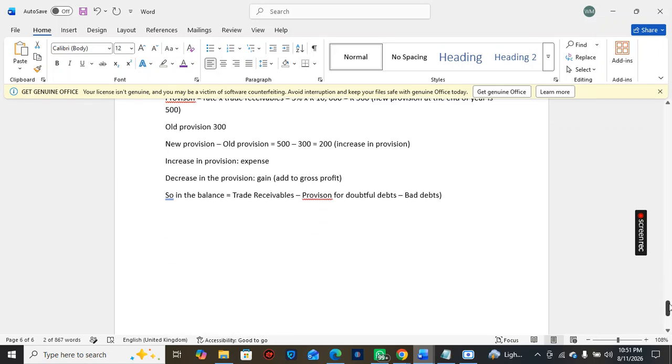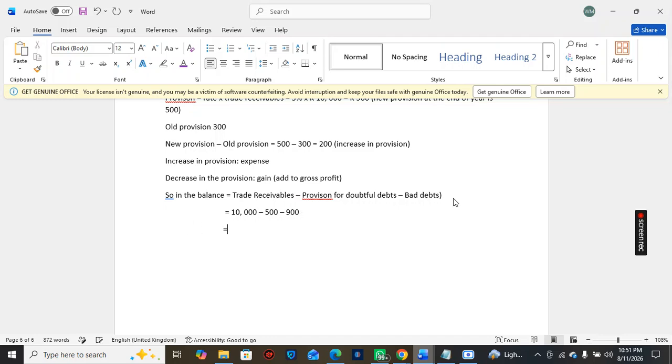So the trade receivables is 10,000. This is for the balance sheet. So you say 10,000 minus the provision 500 minus bad debts.